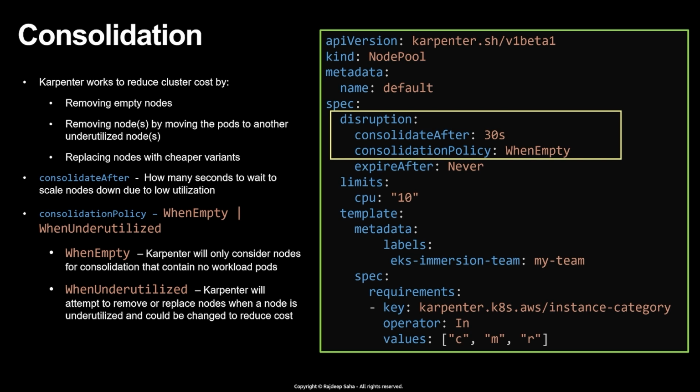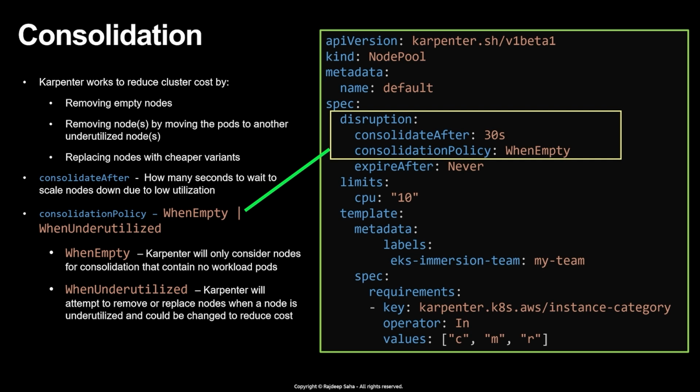And you turn this consolidation feature on by specifying them under this disruption field. You can specify consolidate after. So even if an EC2 is underutilized, Karpenter will wait this many seconds before it disrupts the node. And the consolidation policy could be when empty or when underutilized.